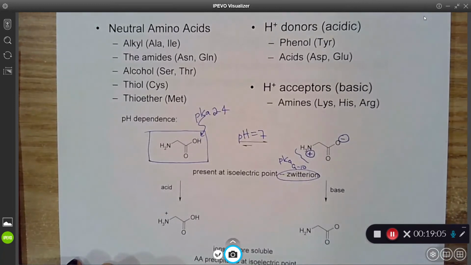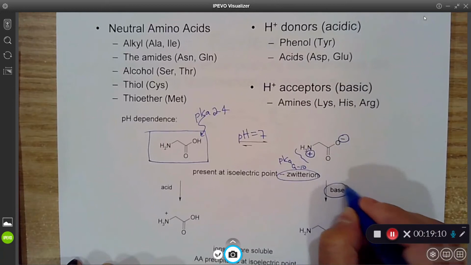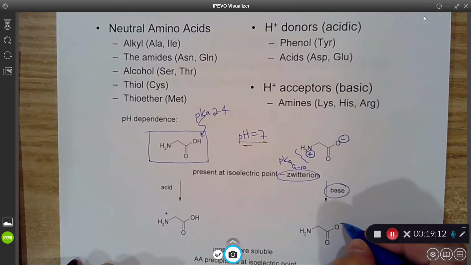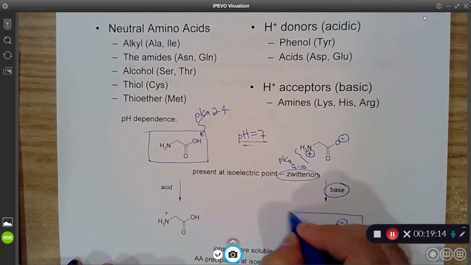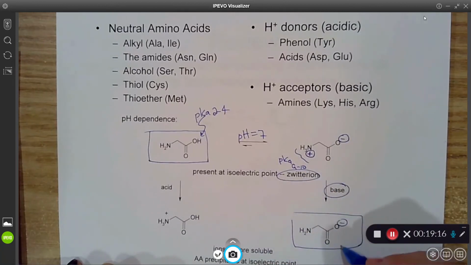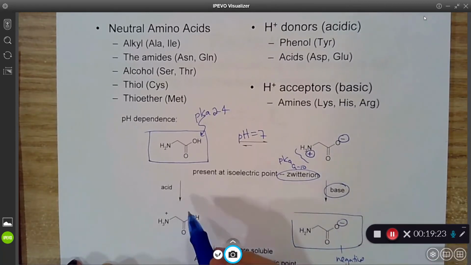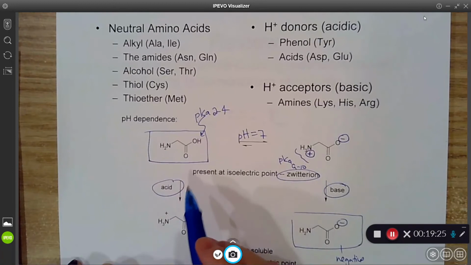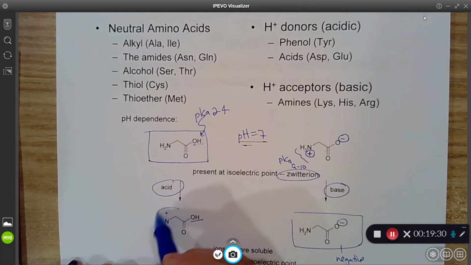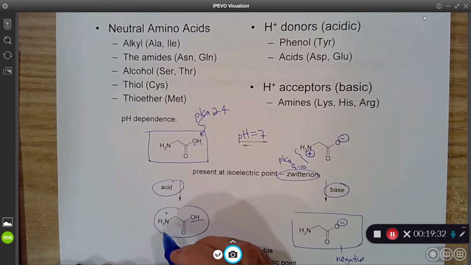And depending on the environment, you can have little local microenvironments. If there's a base around, that base would remove that proton from the amine, giving you now a negatively charged structure. In contrast, if you have an acidic environment, this carboxylic acid is going to remain protonated, and you will be left with a protonated amine, so this will be a positively charged species.